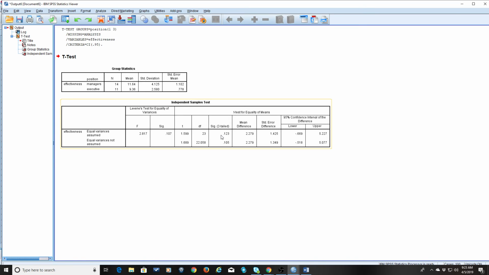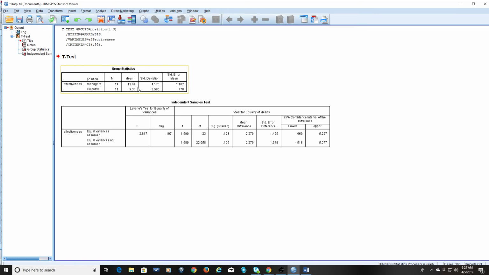So we have to say that the difference between managers and executives, even though ostensibly there seems to be a difference, is not statistically different. That means statistically it's kind of a tie. Okay? And it might be because of chance alone. The day you took the data in, the day you interviewed them, the day you collected the data and interpreted it.